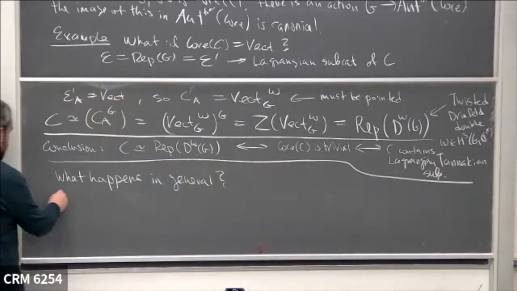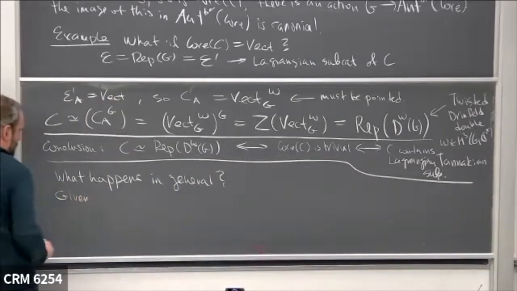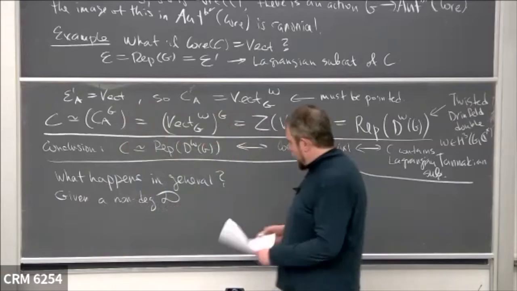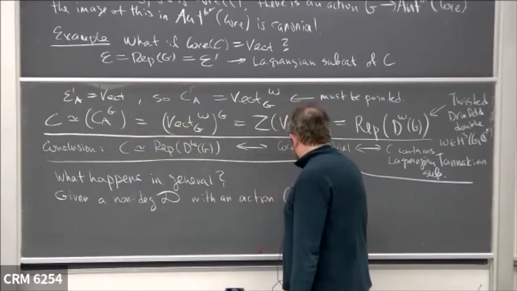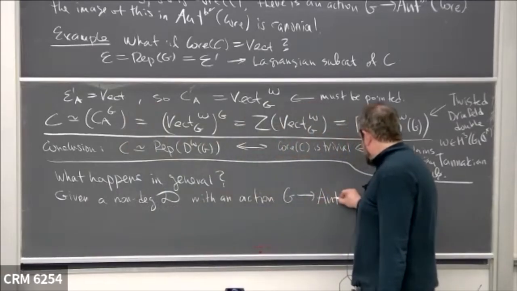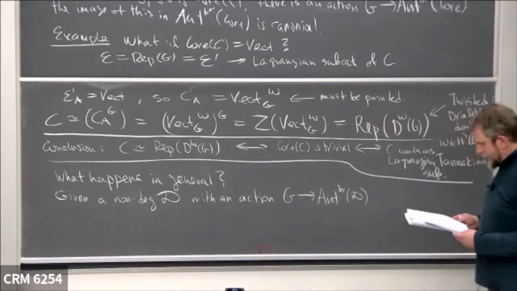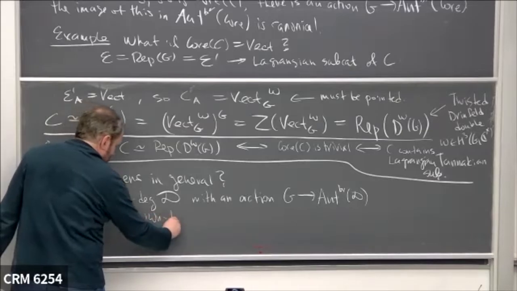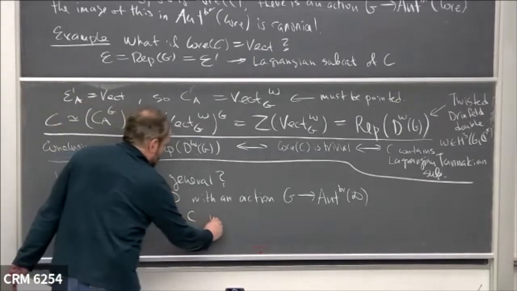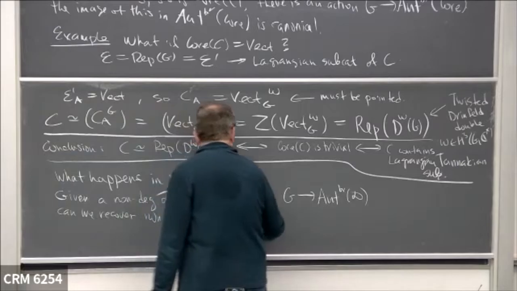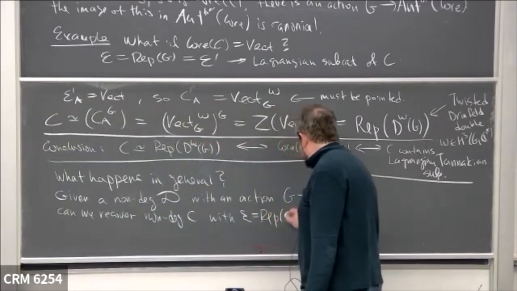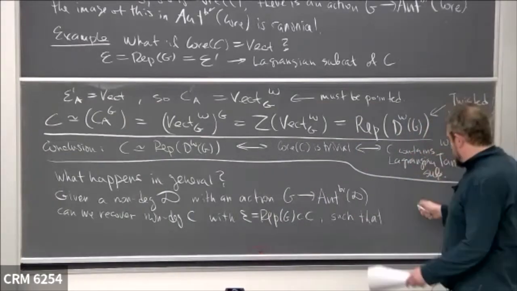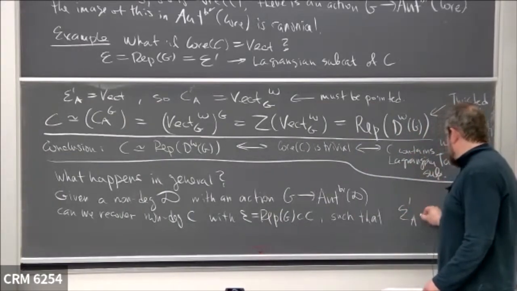Given a non-degenerate braided category D with an action of a group G by braided autoequivalences of D, can we recover a non-degenerate C with a Tannakian subcategory inside it, such that the result of this de-equivariantization is D?